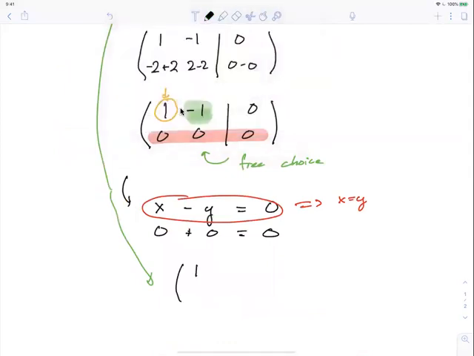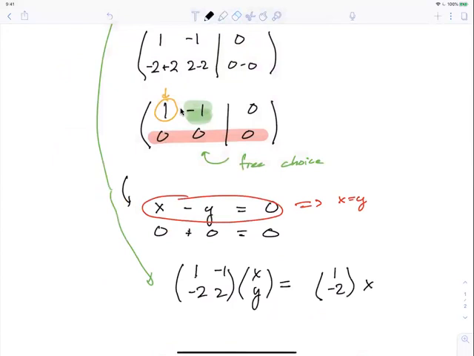So the matrix multiplication of 1, -1, -2, 2 times the vector (x, y). You could multiply it out and come up with a single expression for the top and the bottom, but I want to emphasize one other way of looking at this: the vector (1, -2) times x, plus the vector (-1, 2) times y.